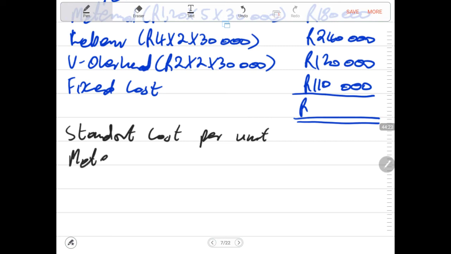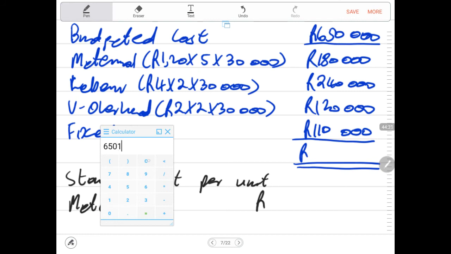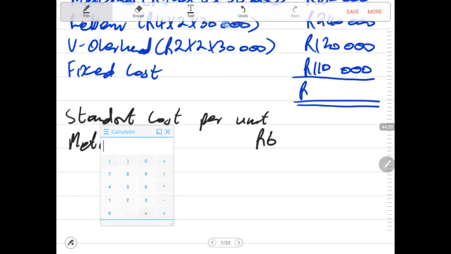We have material. Our material, we calculated it to be 1 rand 20 cents times 5 kgs is 6 rand. Labor was 8 rand.